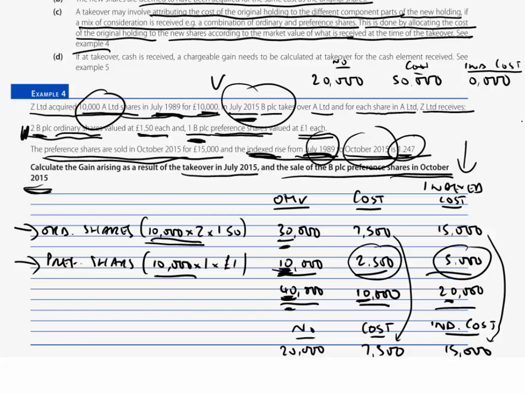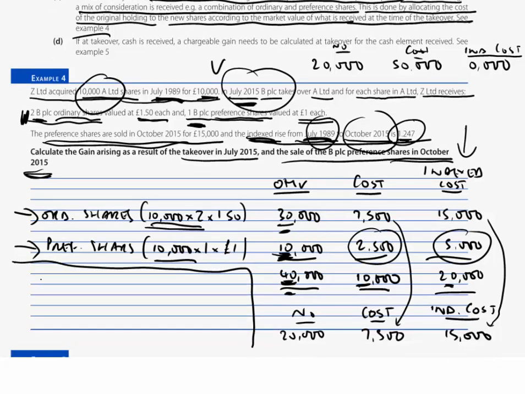All right. How much do we sell the preference shares for? Now, you're going to have to forgive me if I try to squeeze this in here. I hope this presentation doesn't cause you any trouble, but it's just so you can see it all on one page. If now the preference shares, here we go, there it is, sold in October 15 for 15,000. Sales proceeds £15,000. Less cost. What cost are we going to use in relation to those preference shares?